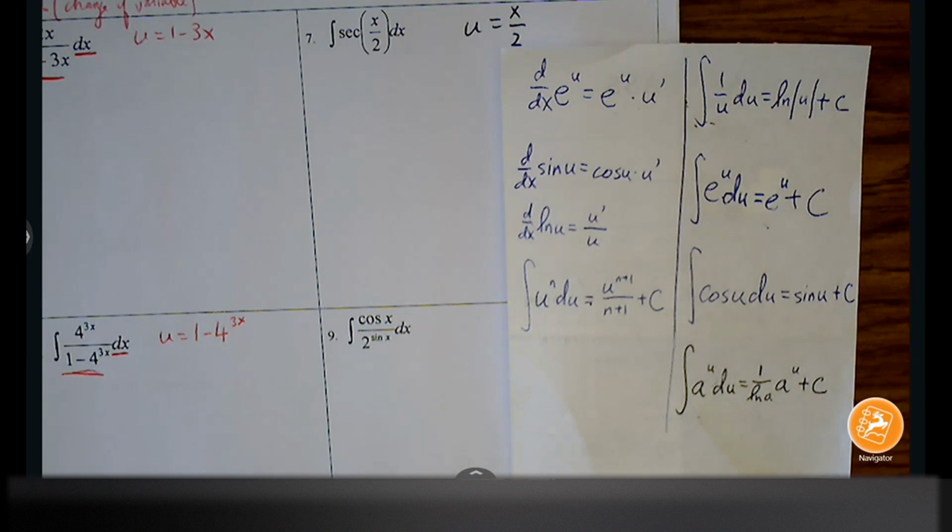Do you see an exponential function in there? Now, where's the exponential function? To the sine x. Yeah.